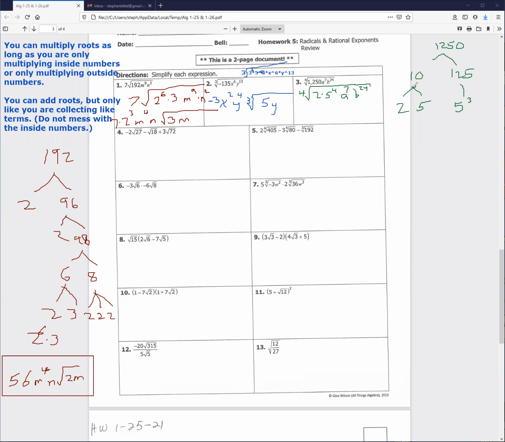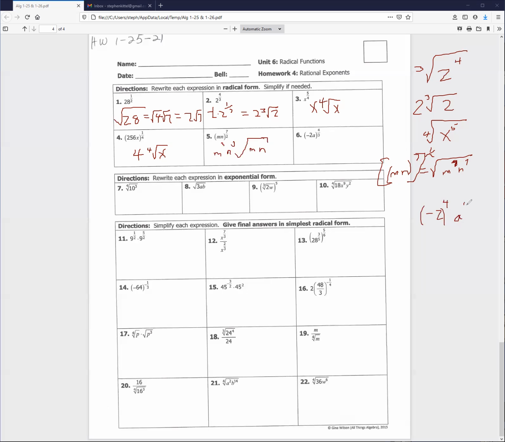All right, I'm just going to shortcut this one a little bit here. Oh, wait, but this is to the 4th power. All right, hold on. We got to be a little more cautious about this. -2 to the 4th, a to the 4th, collectively then to the 1/3 power. So -2 to the 4th is 16, which is regular old 2 to the 4th.